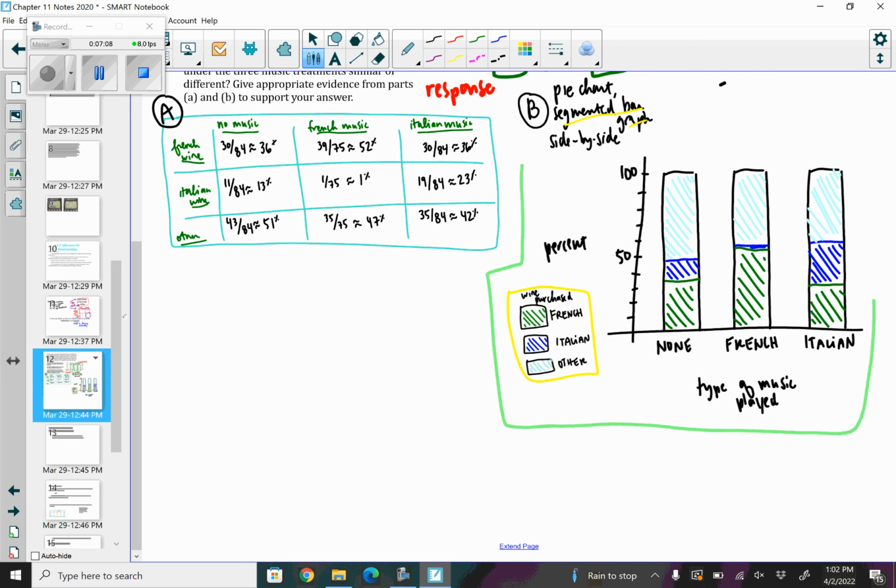We want to use information in our bar graph or table, so we want to actually use values and numbers that we see, and answer the question fully. So I am going to type up an answer and then read it to you.